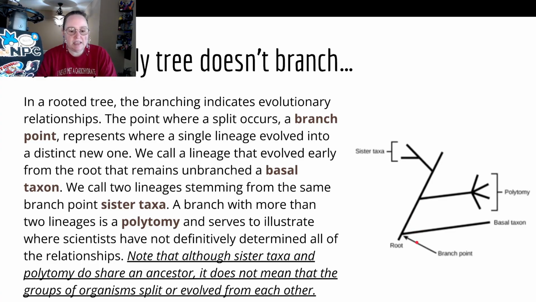Now, that lineage that evolved early from the root and remains unbranched, like right here, is called a basal taxon. Some of these go on and turn into a whole new tree, and some of these don't. There is a lot, and we're going to get into it a little later down the line.